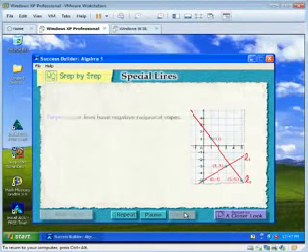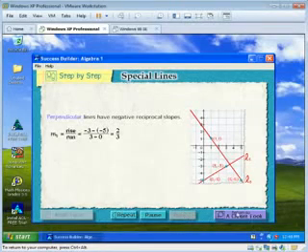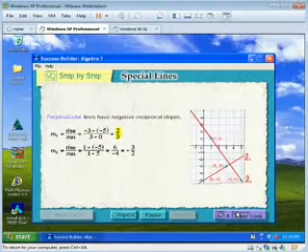Perpendicular lines, or lines that meet at a right angle, also have special slopes. Let's look at these 2 lines. If we look at the 2 points on the first line, we can see that the line has a slope of 2/3. Looking at the 2 points on the second line, we can calculate the slope as -3/2. 3/2 is called the reciprocal of 2/3 because the 2 values multiplied together equal 1.